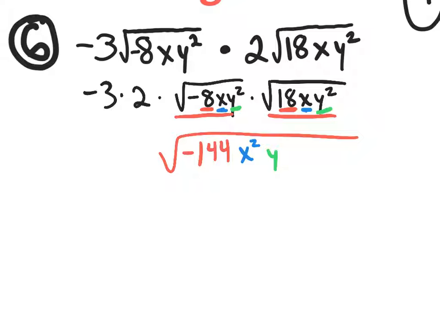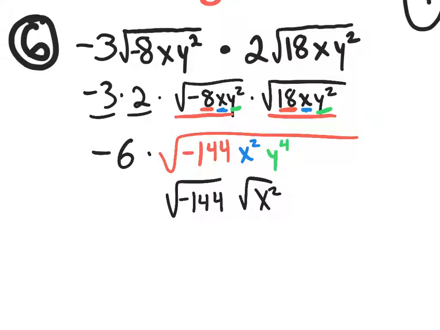You're right. Of course on the outside, I have the negative 3 times 2, that is negative 6, that I'm multiplying by. Now, on the inside of this root, I'm going to split it. It's going to be the square root of negative 144, the square root of x squared, and the square root of y to the fourth, with the negative 6 out in front.